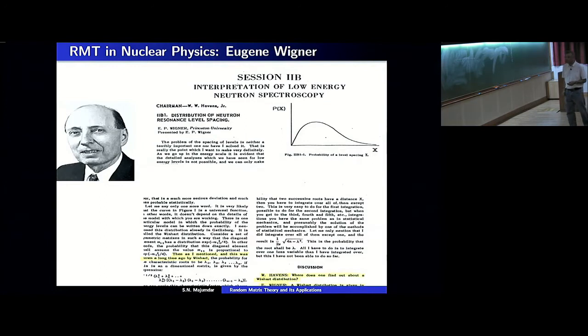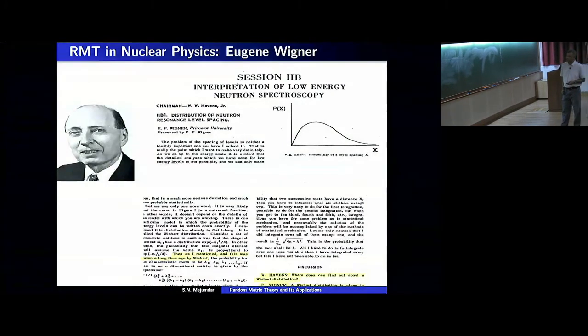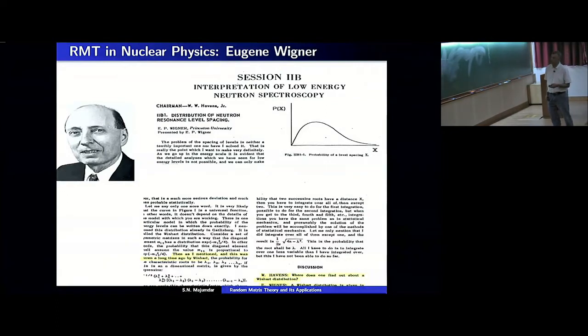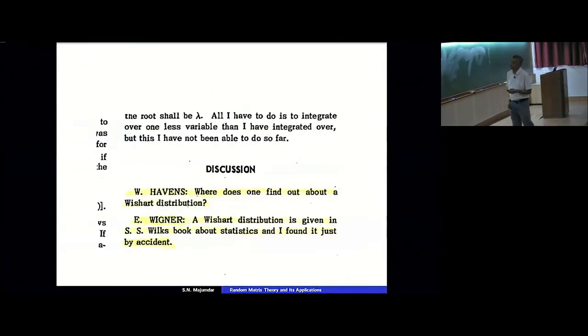At the end of the discussion session, Heavens asked him, where does one find out about a Wishart distribution? So Wigner replies, a Wishart distribution is given in S.S. Wilkes' book about statistics, and I found it just by accident.